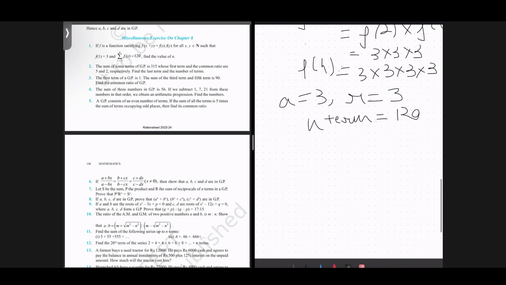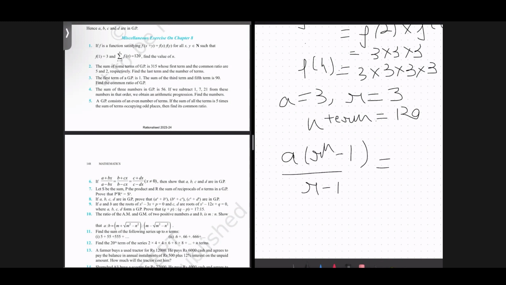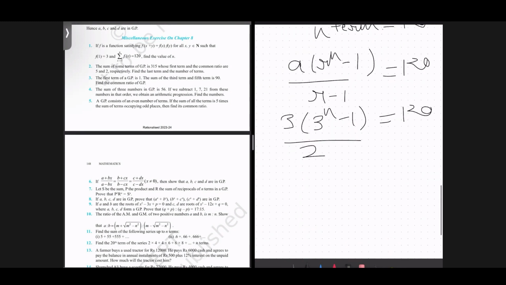So the sum of n terms is going to be a times r raised to the power n minus 1 upon r minus 1, which is going to be 120. The first term of the sequence is 3. So 3 into 3 raised to the power n minus 1. In the denominator, you have 2 because 3 minus 1 is equal to 2. Here you have 120. Multiplying 2 on LHS and RHS and dividing by 3, you get 40.